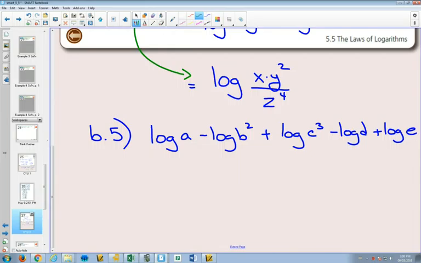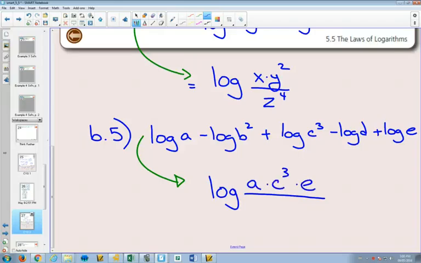I want you to see what my shortcut is when I'm adding and subtracting a bunch of logs, that I can go directly to this. How did I go from there to there quickly? How did I know what was going to be on the top of my fraction? How did I know what was going to be on the bottom of my fraction?